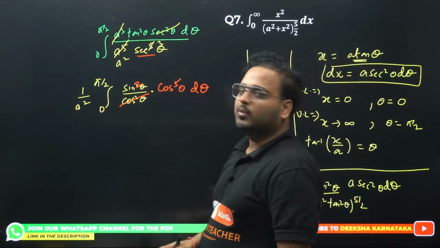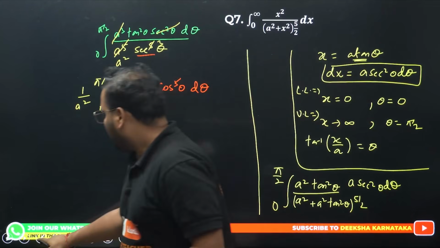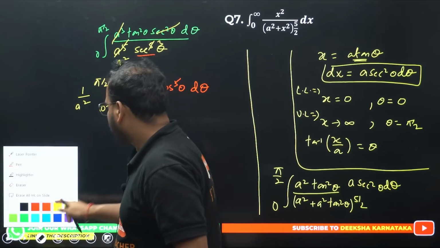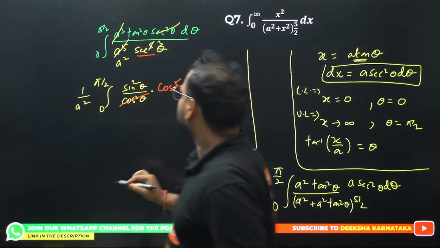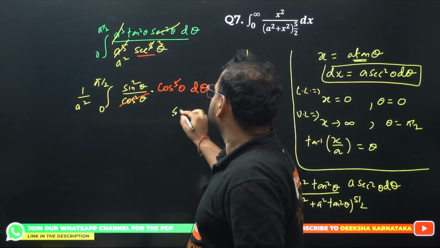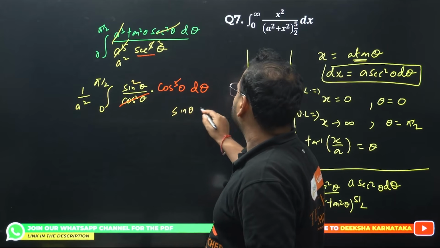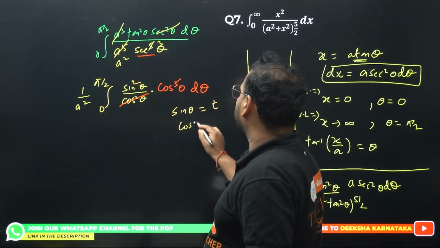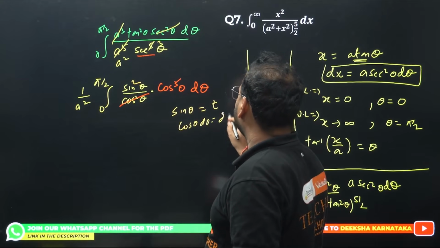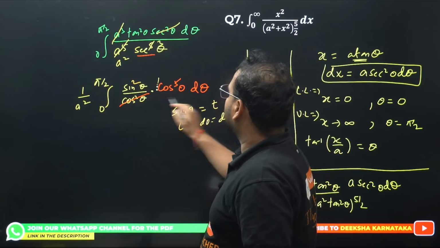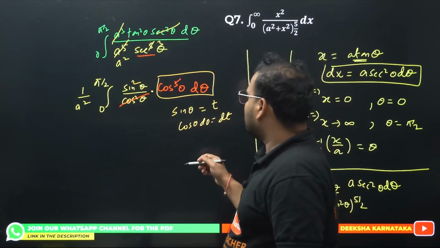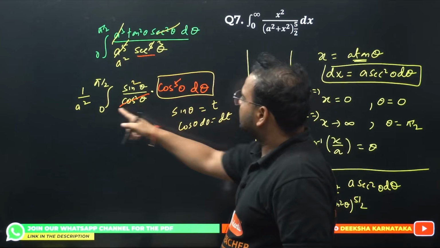What am I going to do? I'll have to make one more substitution. The next substitution is sine theta equals t. What I get in this case is cos theta d theta equals dt. And the limits change one more time. When theta is 0, sine 0 is 0, so t is 0.